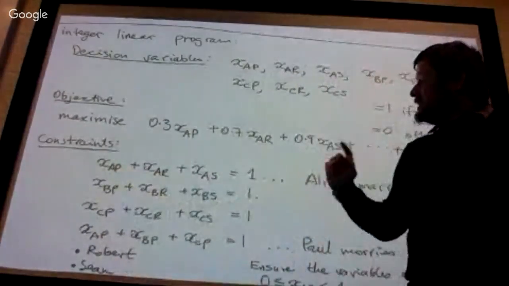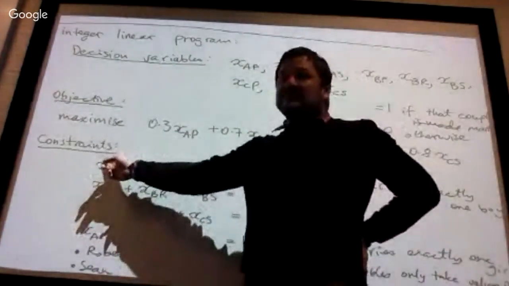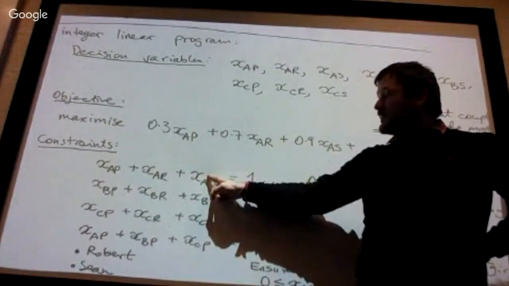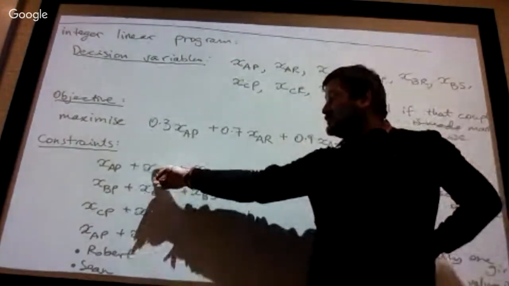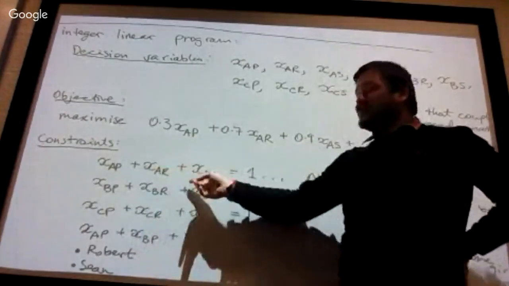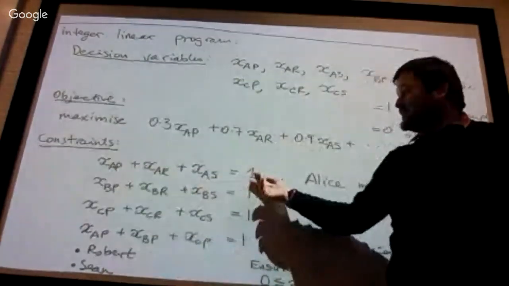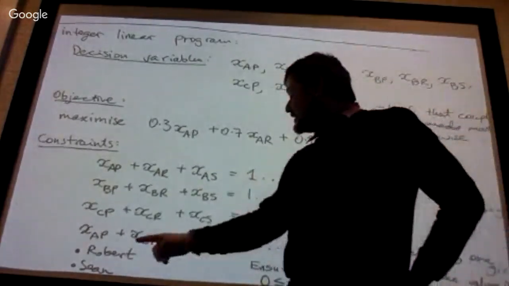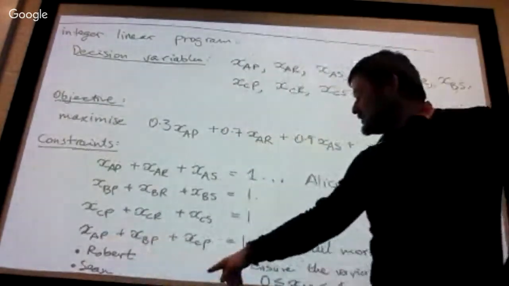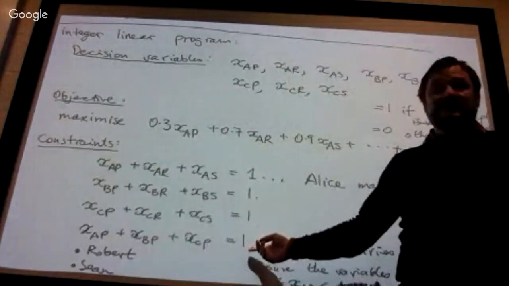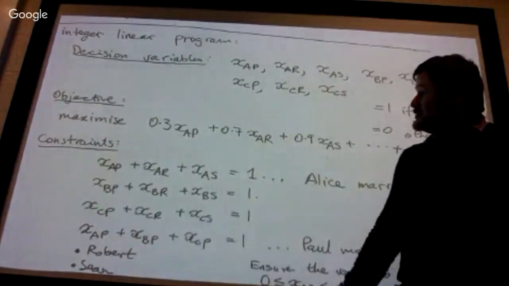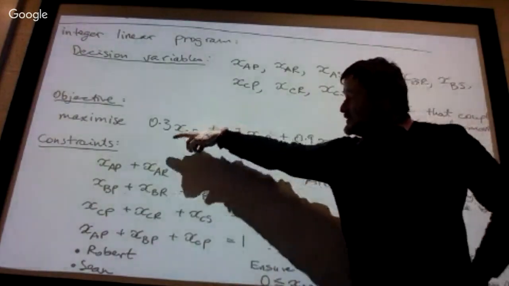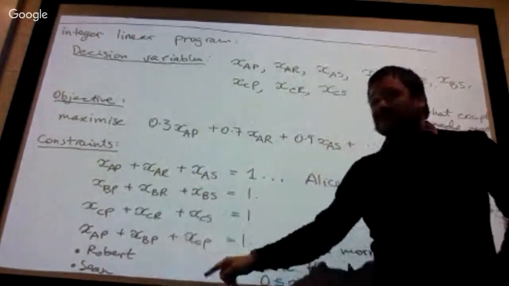If XAP is set to 1, then that and that both have to be 0, because if you make one of them 1, you'd already have 2, and then there's no way of getting a sum of 1. And if XAP is 1 here, then both XBP and XCP have to be 0 as well. So if we set XAP to 1, that already determines the value of some of the other decision variables, those 4.